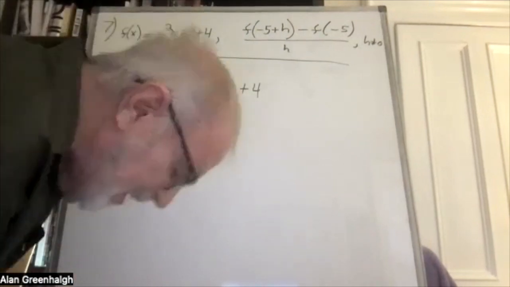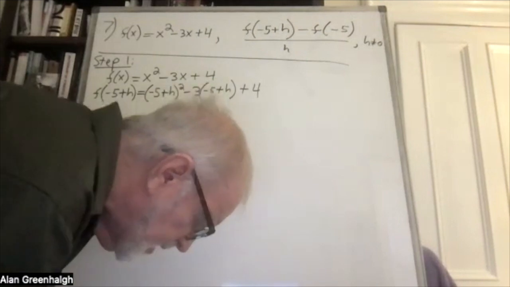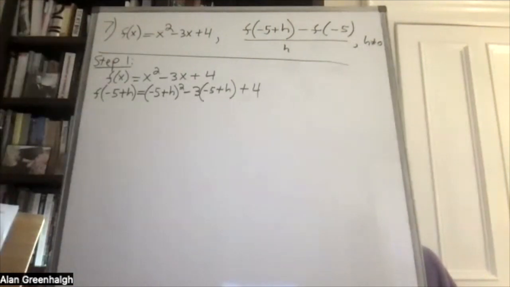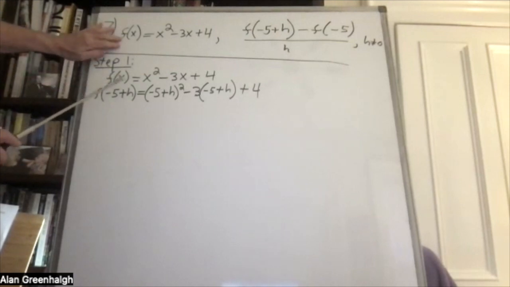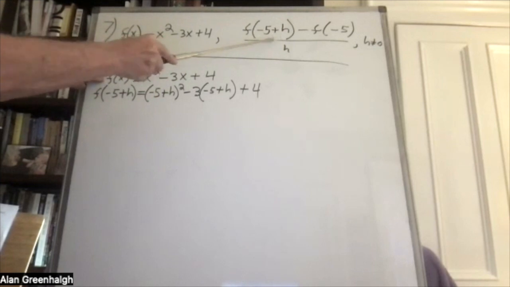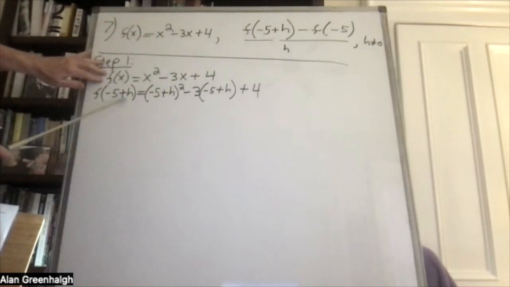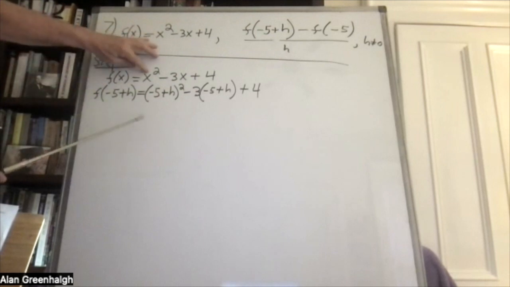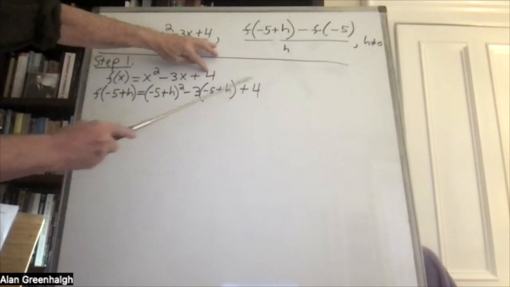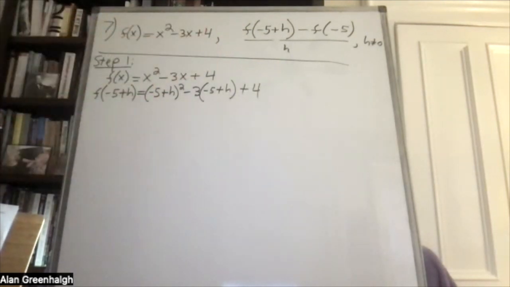So the first step is to rewrite the function and then take the first part of this and substitute wherever you see an x, -5 plus h. So here, instead of x squared, it's -5 plus h squared. Instead of x, it's -5 plus h. And here it's just the 4 because there is no x there.